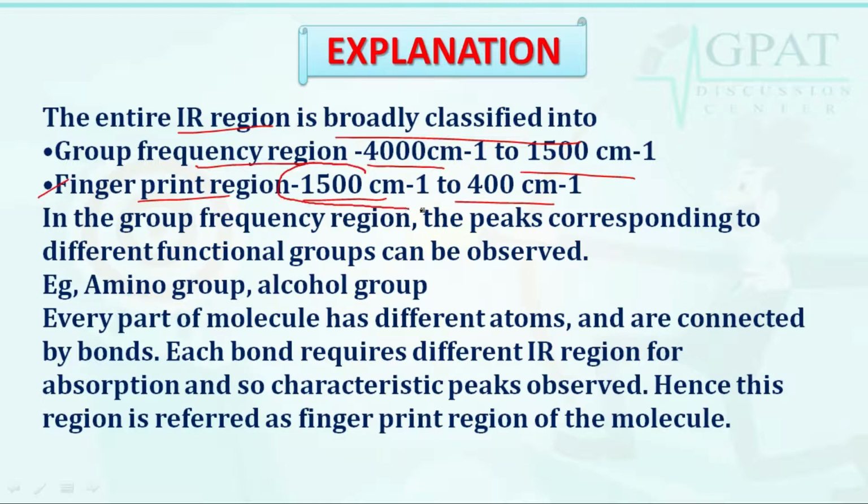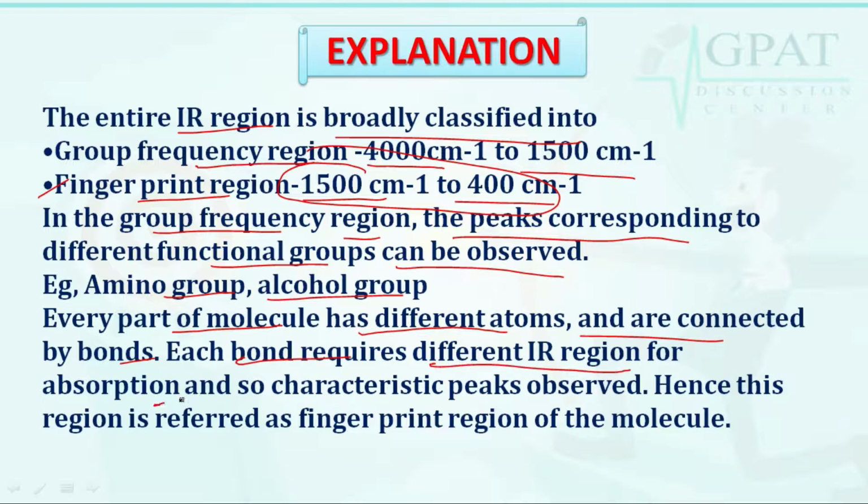In the group frequency region, the peaks corresponding to different functional groups can be observed, for example the amino group and the alcohol group each have different peaks. Every part of a molecule has different atoms connected by bonds. Each bond requires a different IR region for absorption, so characteristic peaks are observed. Hence this region is referred to as the fingerprint region of the molecule.